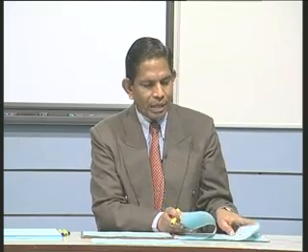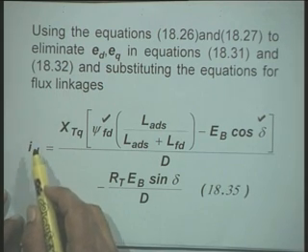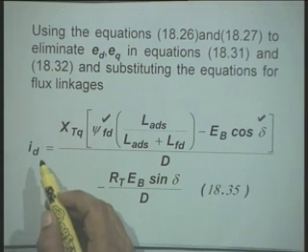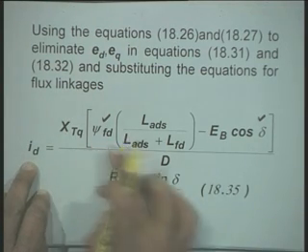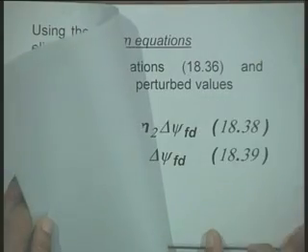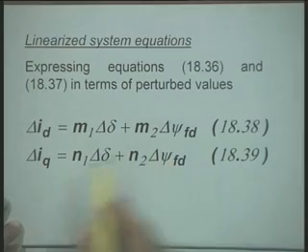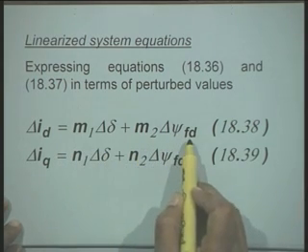The first step for linearization is to obtain the expression for incremental changes in I D and I Q. This I D, which is a function of these state variables, okay, you can obtain the expression for incremental changes in terms of the state variables. That is, delta I D can be written as m1 times delta delta plus m2 times delta psi ft.